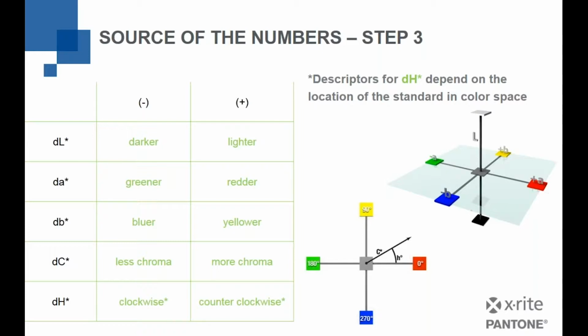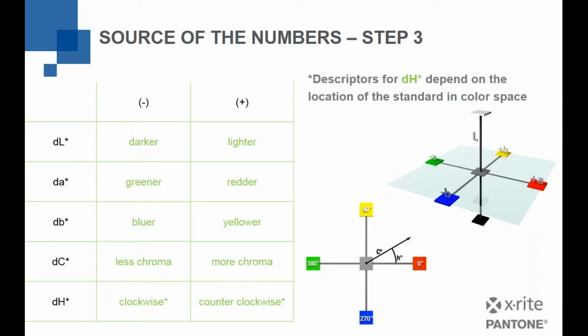If the hue angle is greater, or clockwise, I should say, it would be bluer, and if it's counterclockwise, it would be yellower. But if I'm talking about a green, green can also be yellower or bluer, but now clockwise is yellower and counterclockwise is bluer. So it just depends on where that color falls in color space.